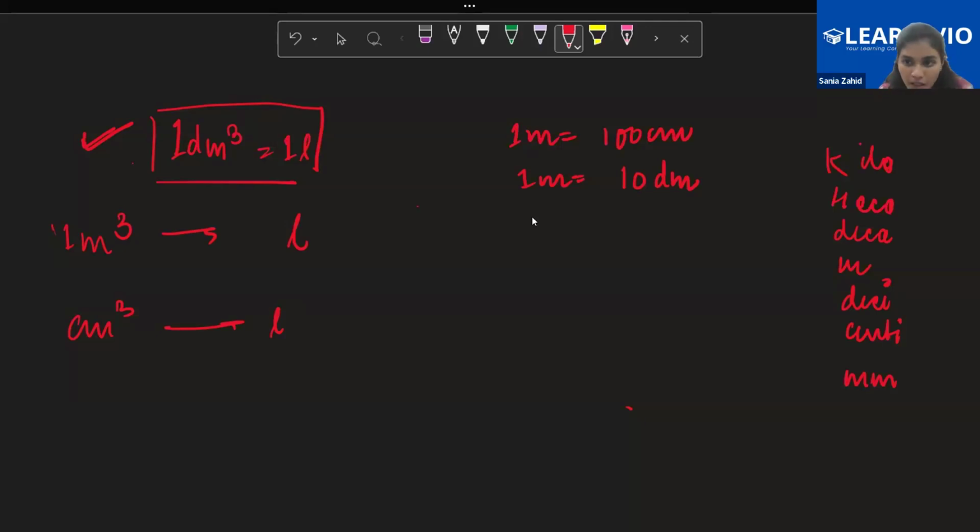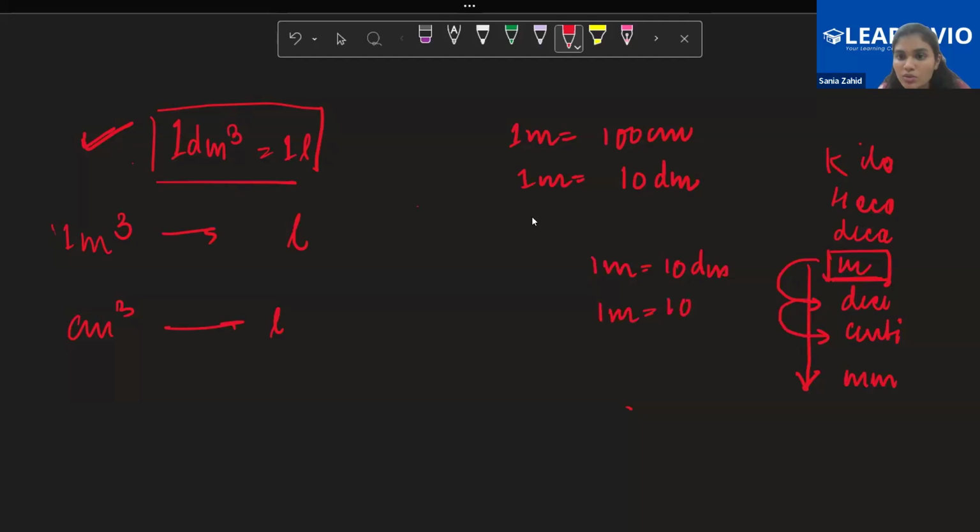This is the table. Just look at meter once. If you go below meter, you will multiply. You are going one step below. You get decimeter. So multiply with 10. So 1 meter will have 10 decimeters. You are going 2 steps below. You have to convert meter into centimeters.